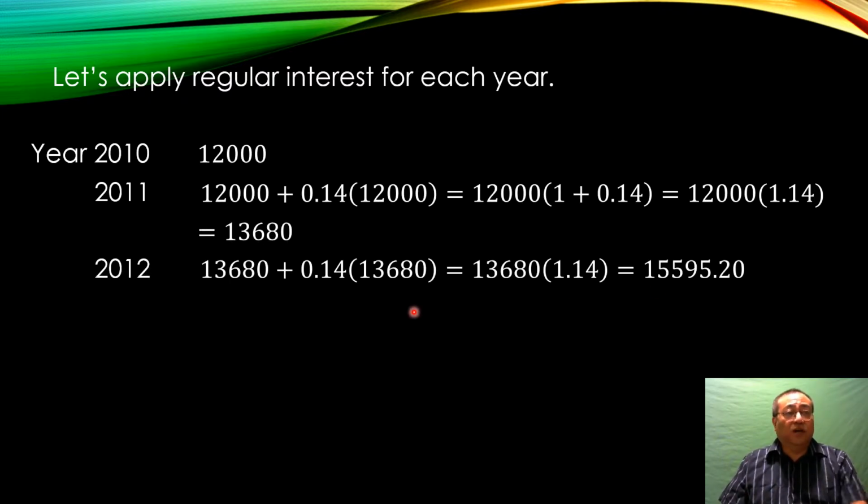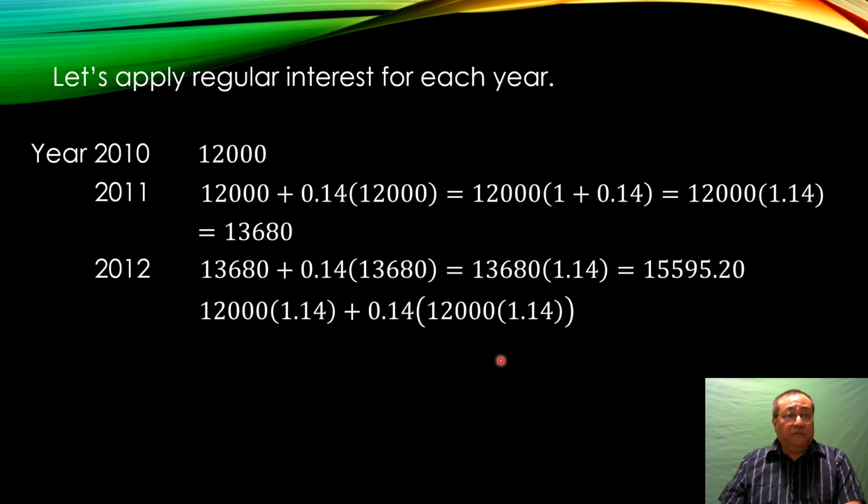For 2012, we basically do the same thing. We take the value of 2011, multiply by 0.14, and add it. Now, what I want you to notice is that pattern. In 2011, it was 12,000 times 1.14. In 2012, it was 13,680 times 1.14. This 13,680 came from calculating 12,000 times 1.14, so it's the same thing.